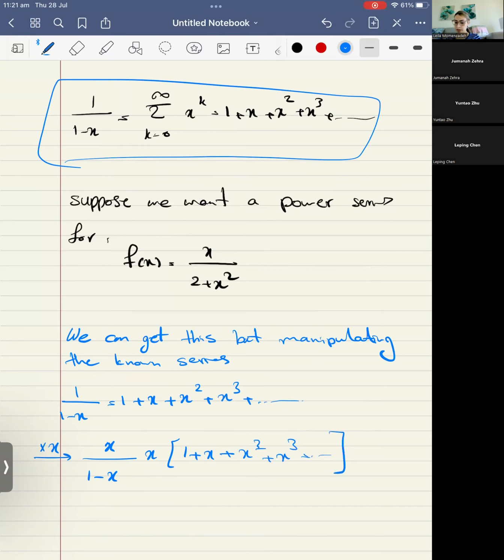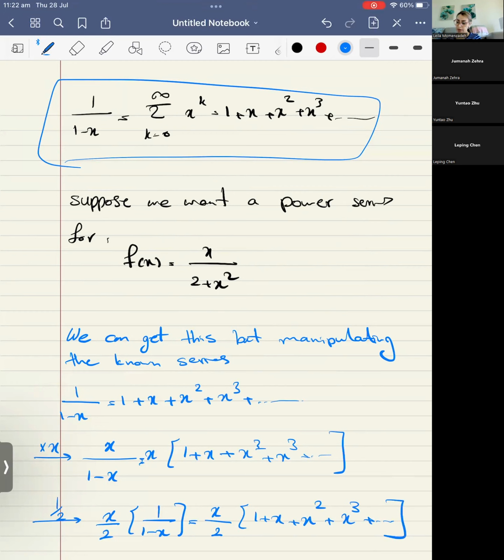Now, if I multiply by x and divide by 2, I have here x to the power 2 over 1 minus x equal to x over 2 times 1 plus x plus x squared plus x cubed and so on.